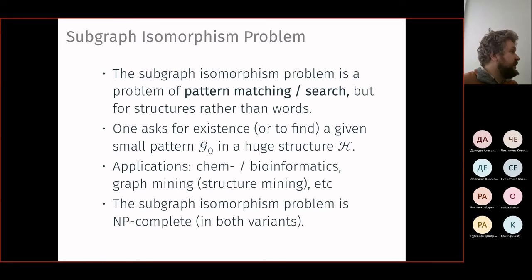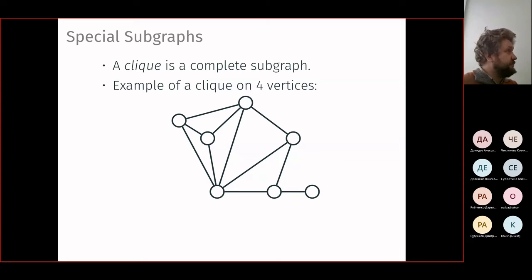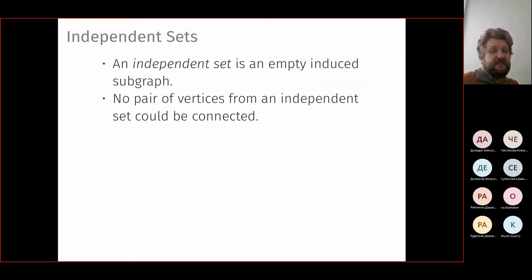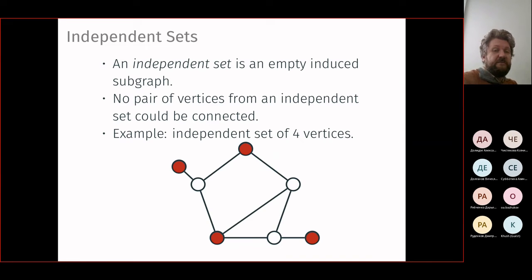Well, because there are specific kinds of subgraphs. For example, the clique is a complete subgraph, right? So say a clique in a social network is a group of users who are friends with each other. An independent set is an empty induced subgraph. So you take 4 vertices, for example, here, and their induced subgraph is empty.